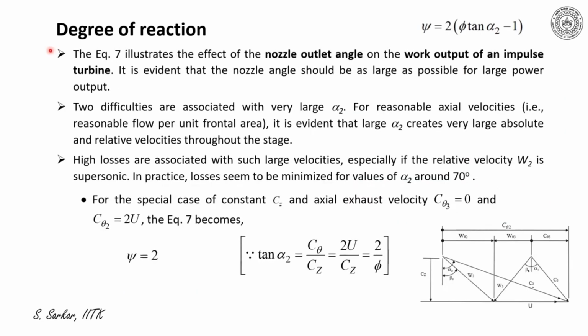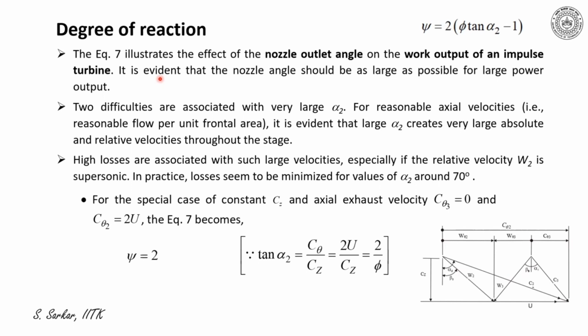Here I would like to say that the equation 7, which is xi is equal to twice within bracket phi tan alpha 2 minus 1, illustrates the effect of nozzle outlet angle on the work output of an impulse turbine.